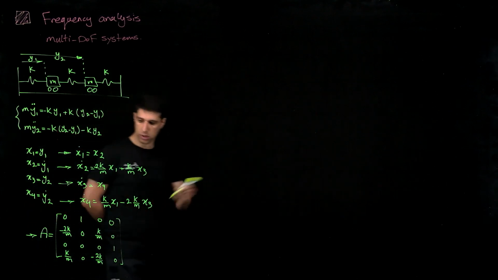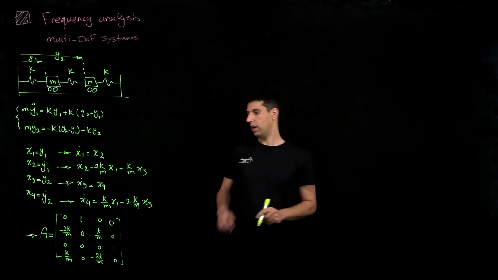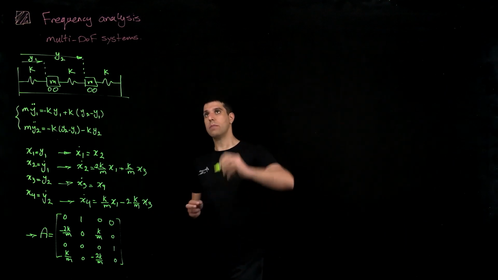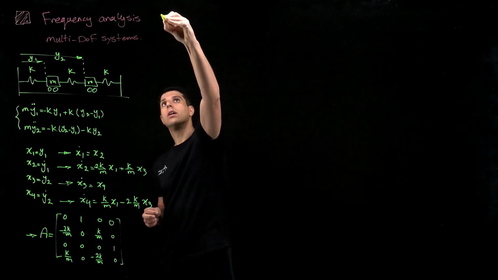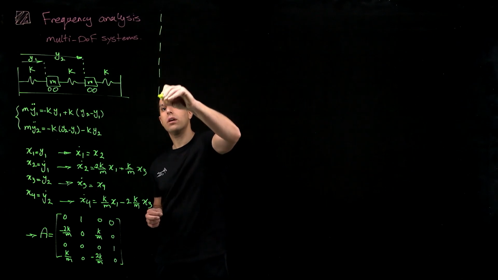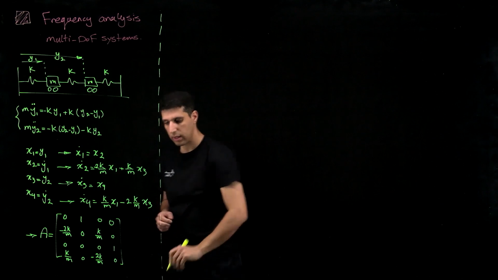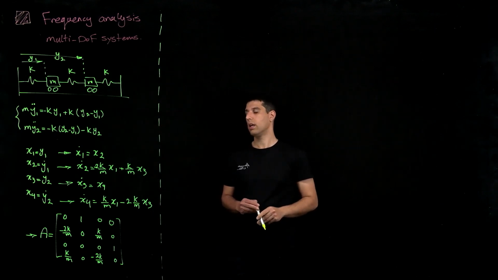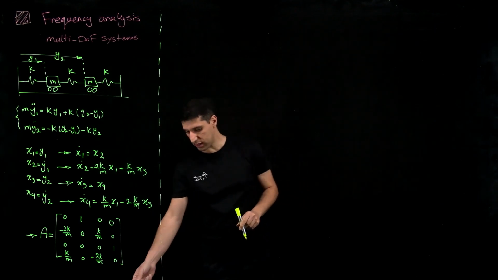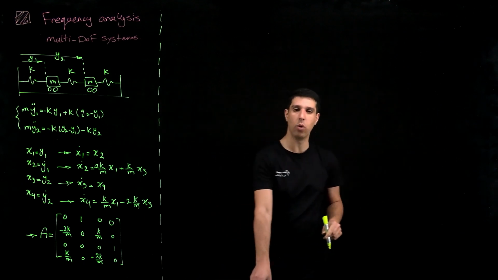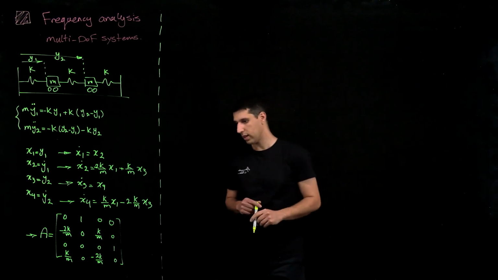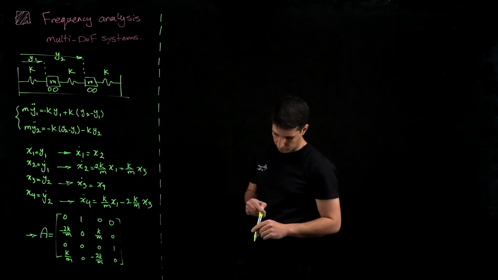Okay, that's my state matrix. I want to do the same kind of frequency analysis to see what are the natural frequencies of the system and what are the modes of oscillation, the same way we did before.